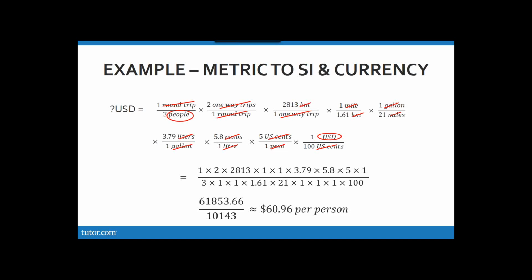So it's like open parentheses 1 times 2 times 2813 times, all of those, then close, and then divide and do it again, open parentheses 3 times 1 times 1. Is that the best way to make sure you get the most accurate and don't put something in the wrong order? Susan, the calculators these days are so fancy. I know, that's why I ask.